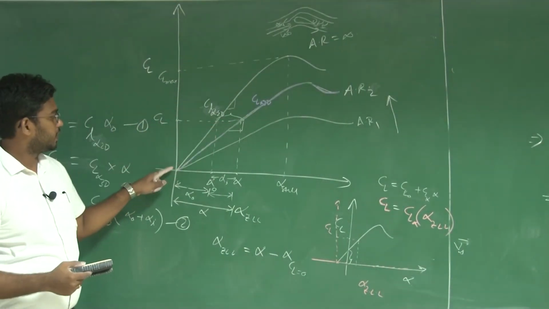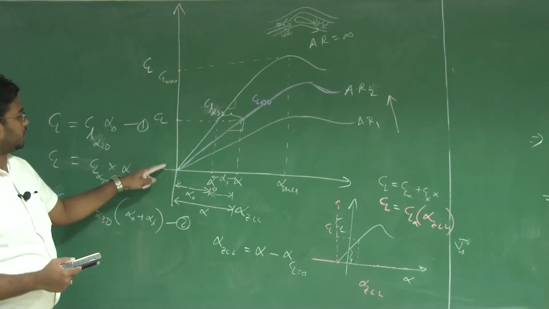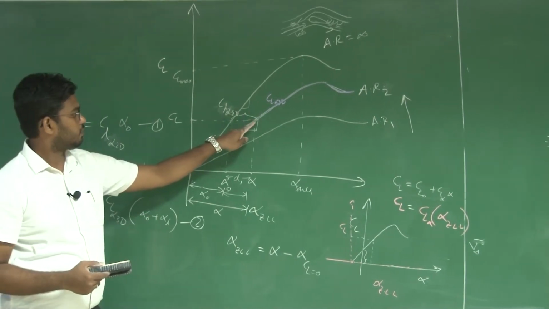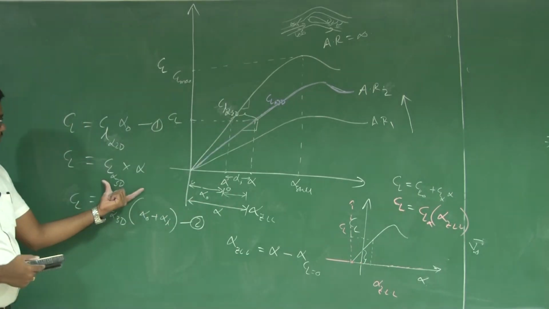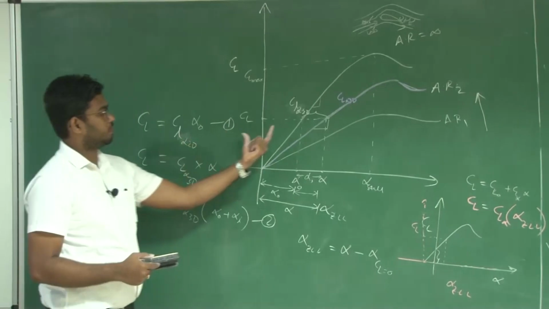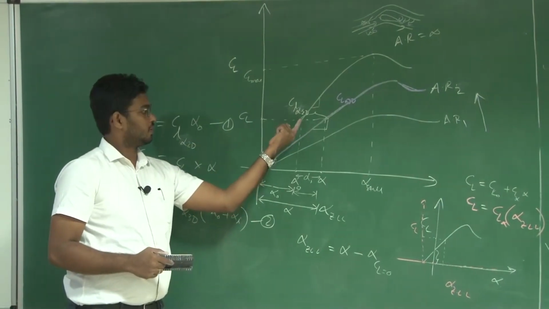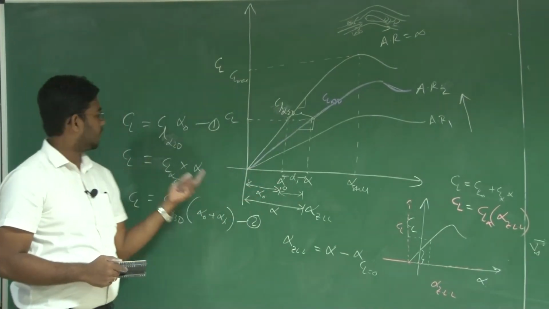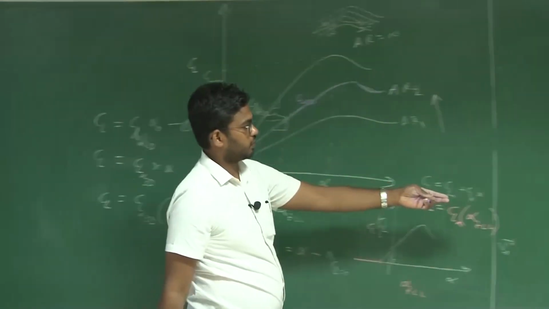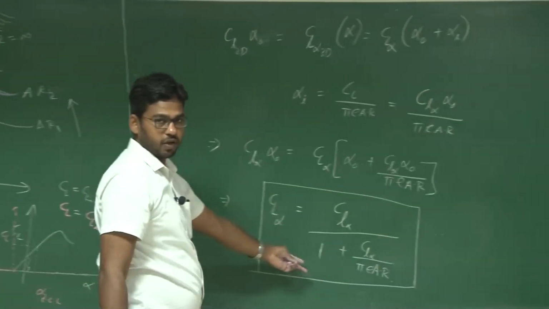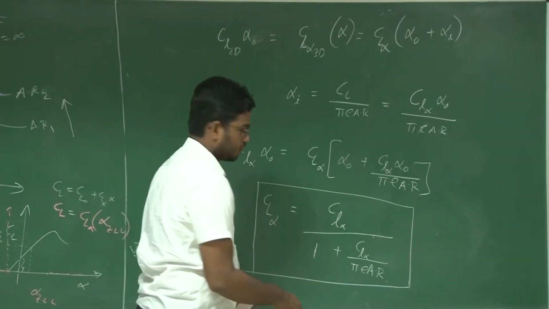Now by assuming a linear equation here, CL is equal to CL alpha of the 3D wing into alpha, and the same CL can be achieved by an aerofoil at a lesser angle of attack, say alpha naught. Equating these two, you get CL alpha is equal to CL alpha 2D by 1 plus CL alpha 2D by pi E AR.